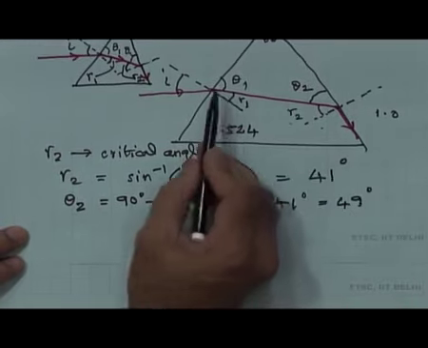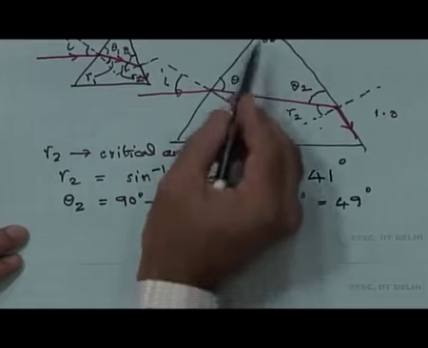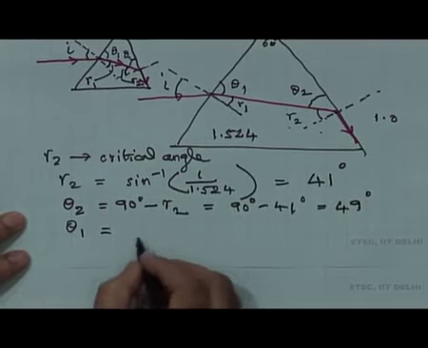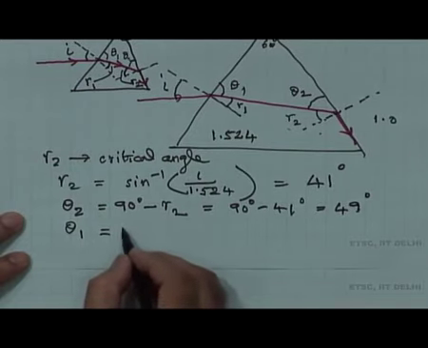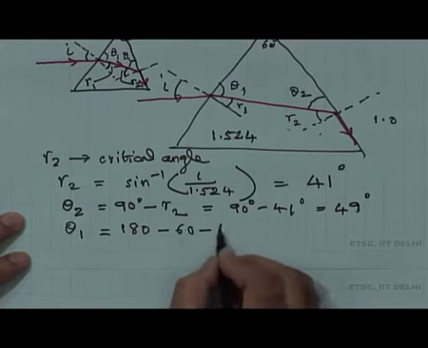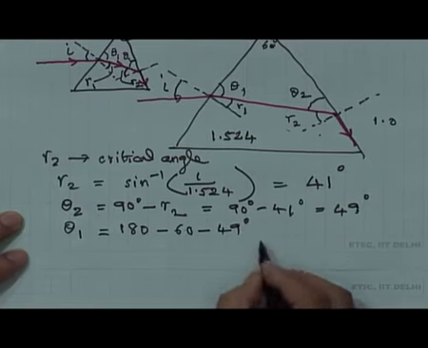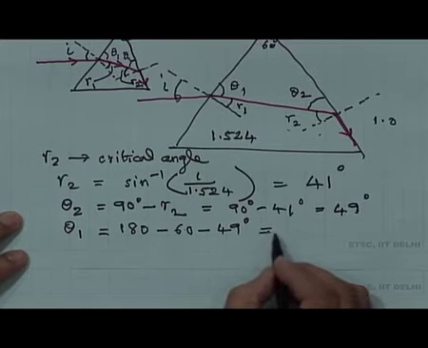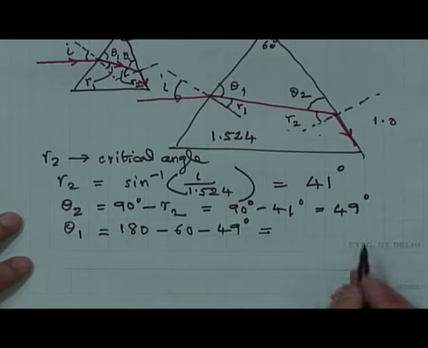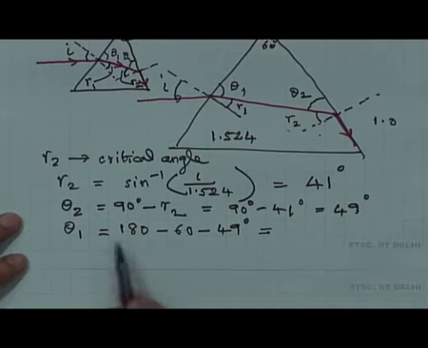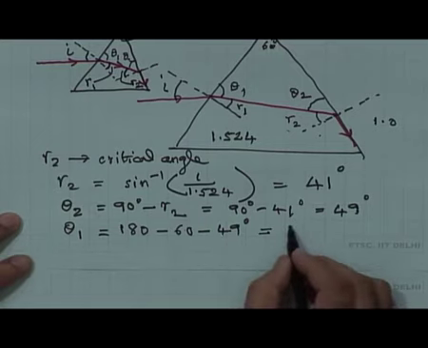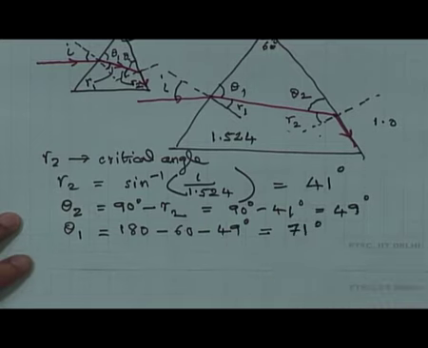If we know theta 2, we know theta 1, because 60 is the angle given. Therefore, theta 1 is equal to 180 minus 60 minus 49 degrees. So, this is 120 minus 49 and therefore, it is 71 degrees.